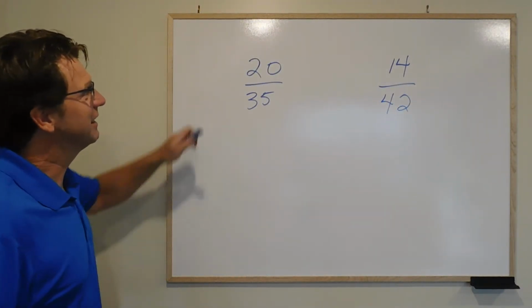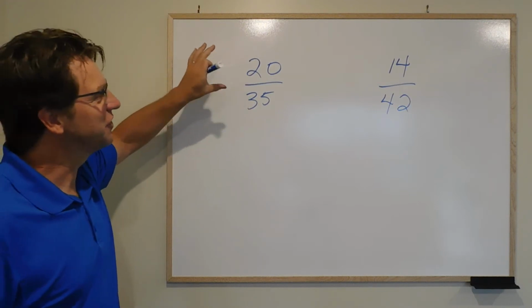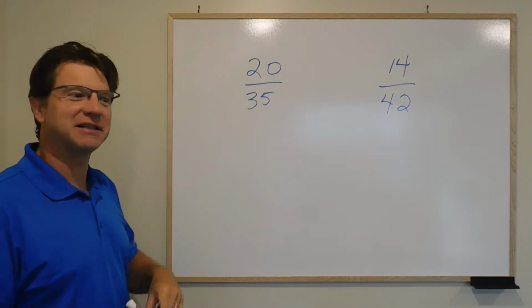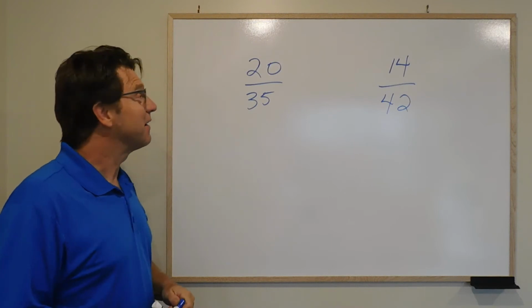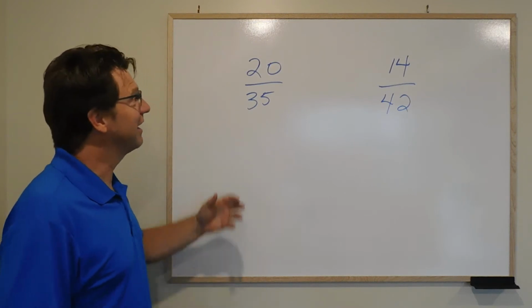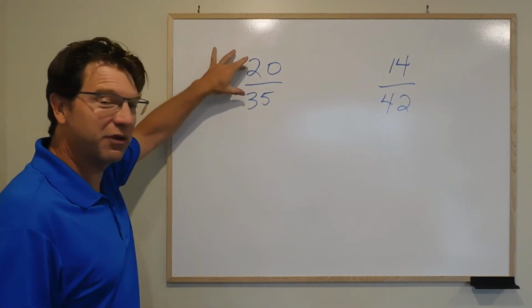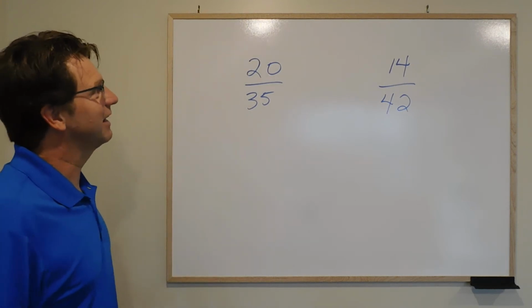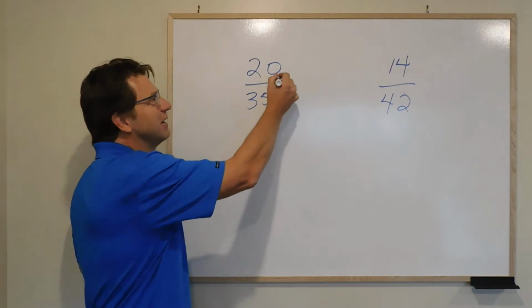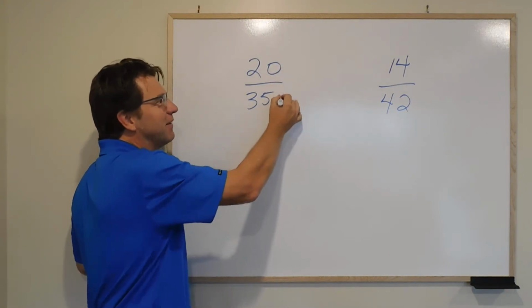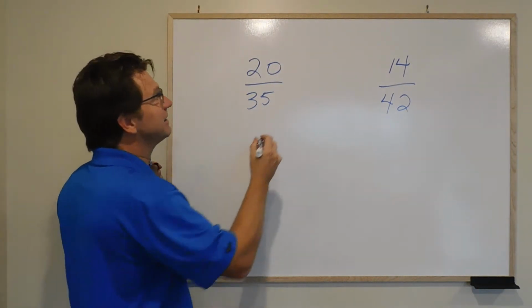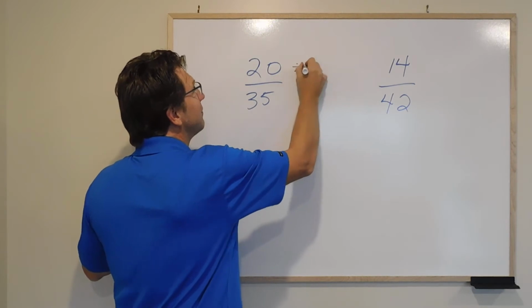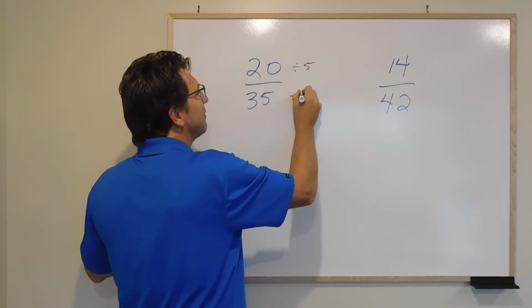Okay? Basically, when I have a fraction, if it's not in lowest terms, it means I can take a number, which we call a factor, that I can divide out of both the numerator and the denominator. So in this case, what number can I divide into both the numerator and the denominator? I can divide both of these by 5.